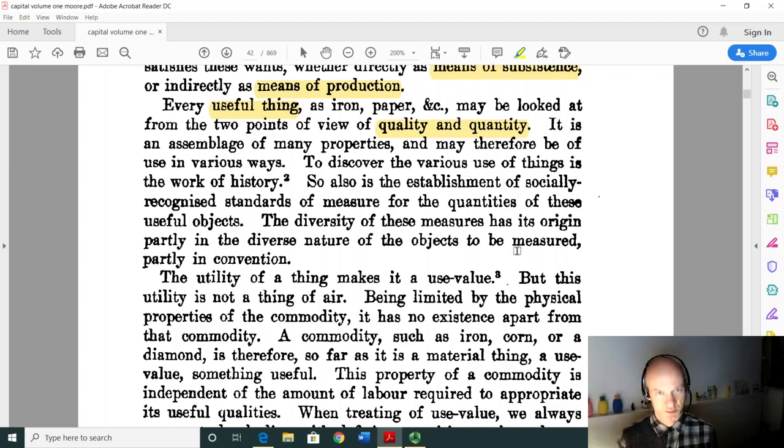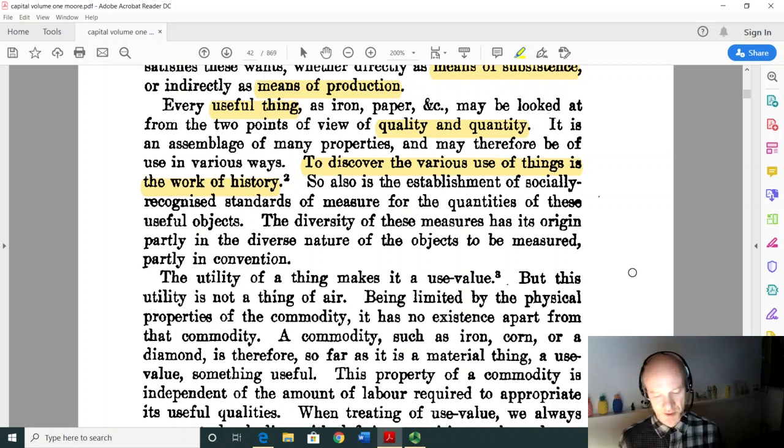Now, here comes an interesting sentence. To discover the various uses of things is the work of history. That is interesting because, again, it introduces or emphasizes the historicity of things and how we use them.